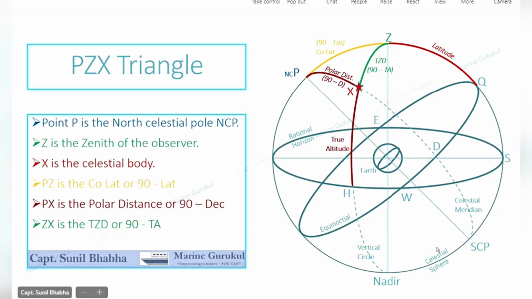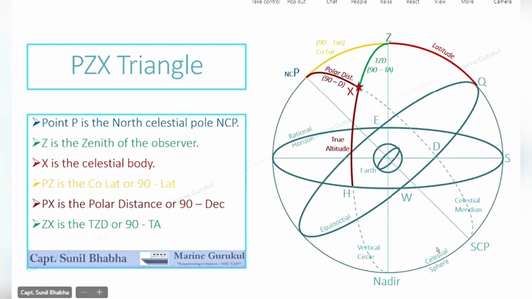Okay. And second thing, for latitude, we are using the celestial sphere, the other side, means north pole to equinoctial. That's right. That's for declination. We call it declination on the celestial sphere. There are three things, no, sir. One thing we are measuring from rational horizon to zenith, that is true altitude.